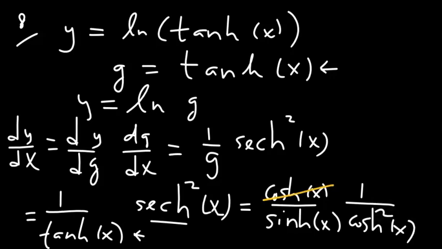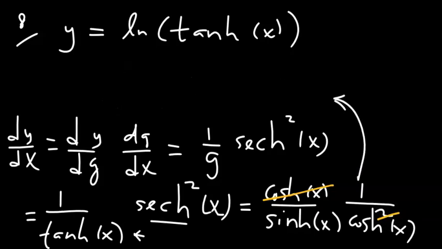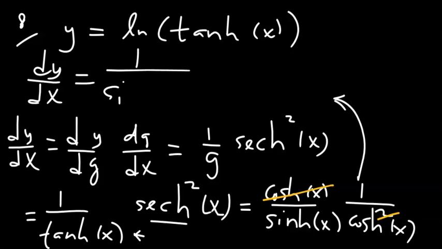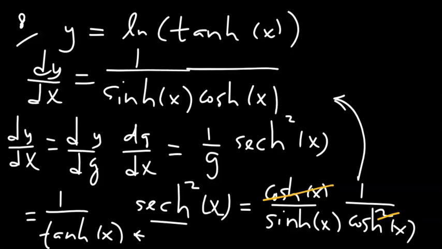So you see that this will take away one of the hyperbolic cosines, and that's going to give you dy/dx as 1 over hyperbolic sine of x times hyperbolic cosine of x.